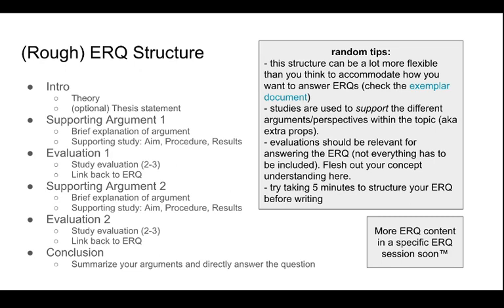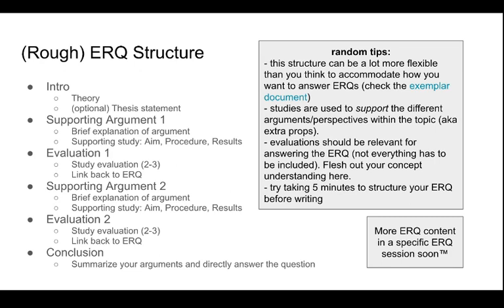ERQs are like extensions of SAQs. You're going to have to explain the theory that's being asked, and then put in a supporting argument about how the topic affects behavior. Depending on the topic, there are a lot of different arguments you can take. You don't have to cover everything.